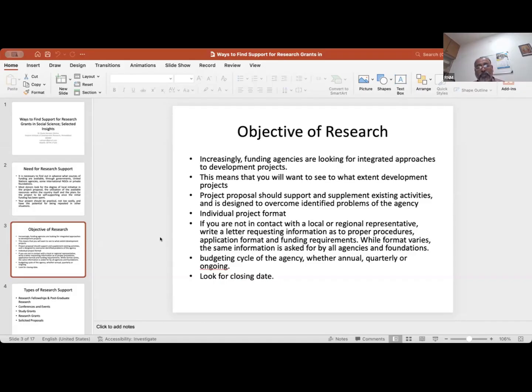So marking the deadline is the most important thing, but there are certain agencies, like the Department of Science and Technology, that also have rolling proposals. That means anytime you can submit the proposal, they will look at it, they may contact you, and if they find it suitable, they will also fund your proposal. Next slide, please. Slide number 4.